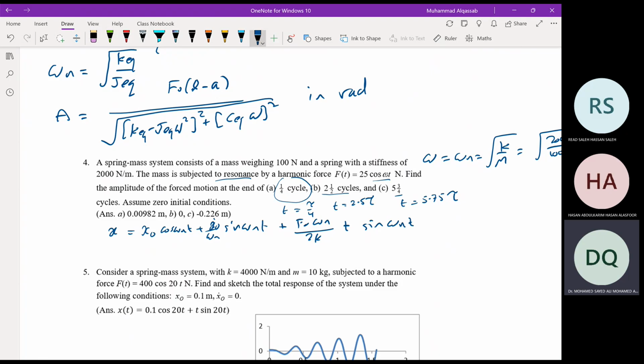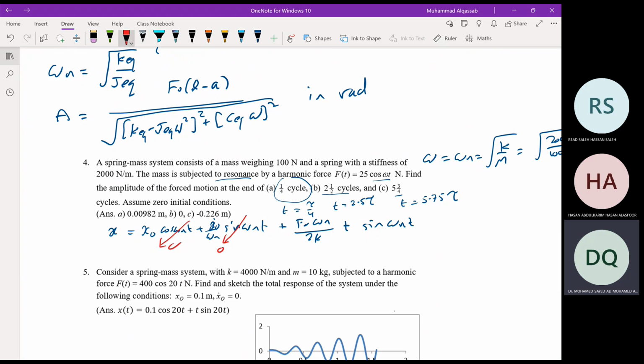Okay, so we have zero initial conditions. It means the first two terms are 0. And then x becomes f naught omega n over 2k times t sine omega n t. f naught is equal to 25, omega n is calculated, k is given, and t is given for A, for B, and for C, and you calculate x at those times. That's the meaning of a 1/4 cycle, 2.5 cycles, and the problem is at resonance.